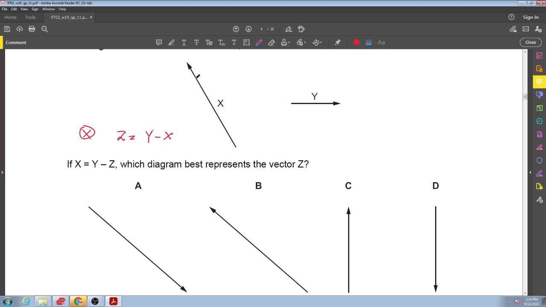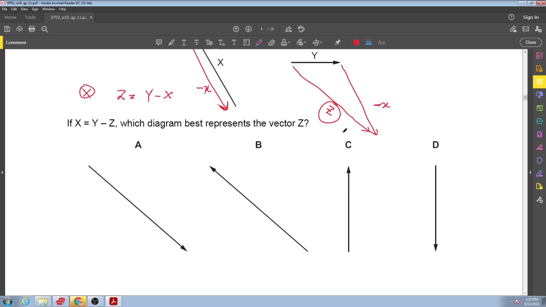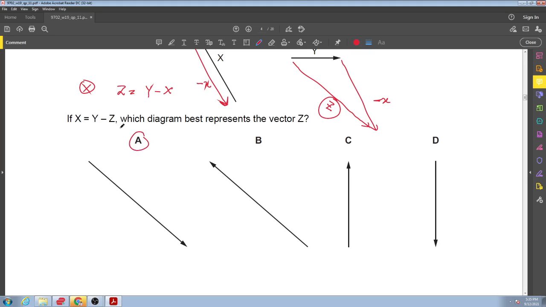So x I can change this way, this is negative x here, this is y. My first vector is y, I am going to add negative x with that by using the head to tail rule, so this is my resultant vector, that is z here. So the correct answer is A.